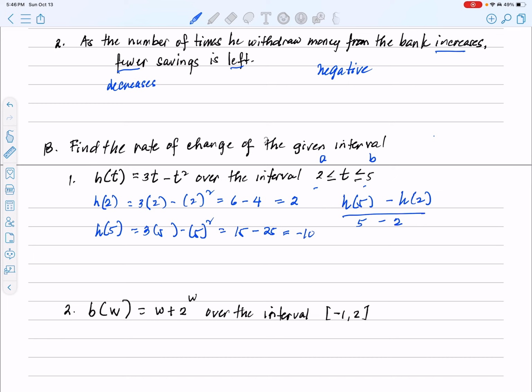So going back to f of b minus the function of a over b minus a, that formula.